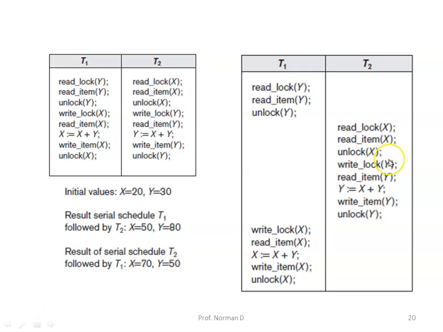So because of this, it does not follow the two-phase locking protocol. So if the schedule is to follow the two-phase locking protocol, then it should be in two phases: one is the expanding phase and then the shrinking phase. In the expanding phase, all the locks should be acquired, and in the shrinking phase, all the locks must be released, which is not happening in this schedule.